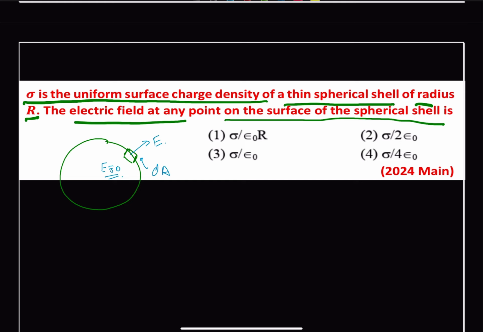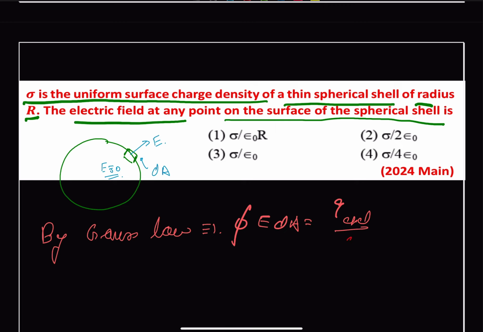So we can say by Gauss law, the integral of E over a closed surface for area dA is equal to charge enclosed upon epsilon naught.